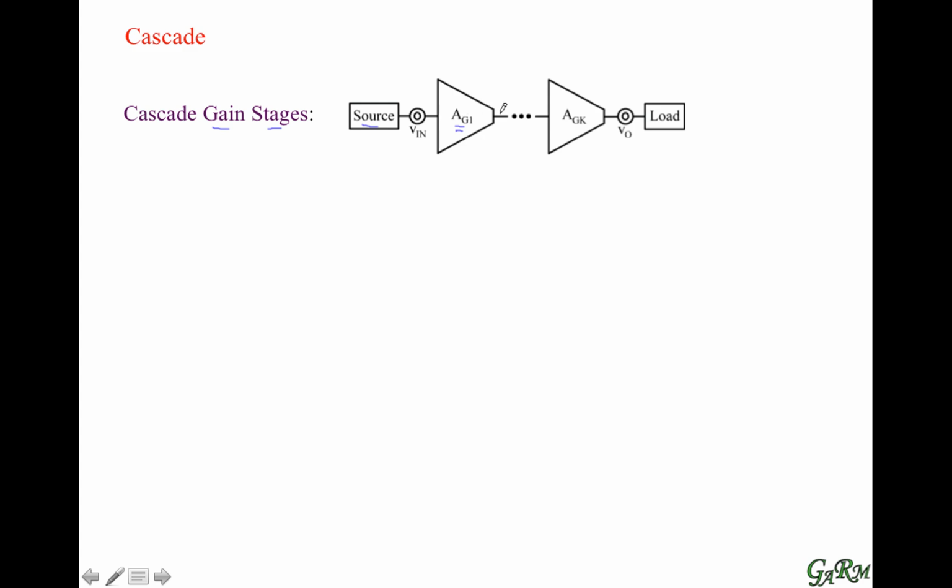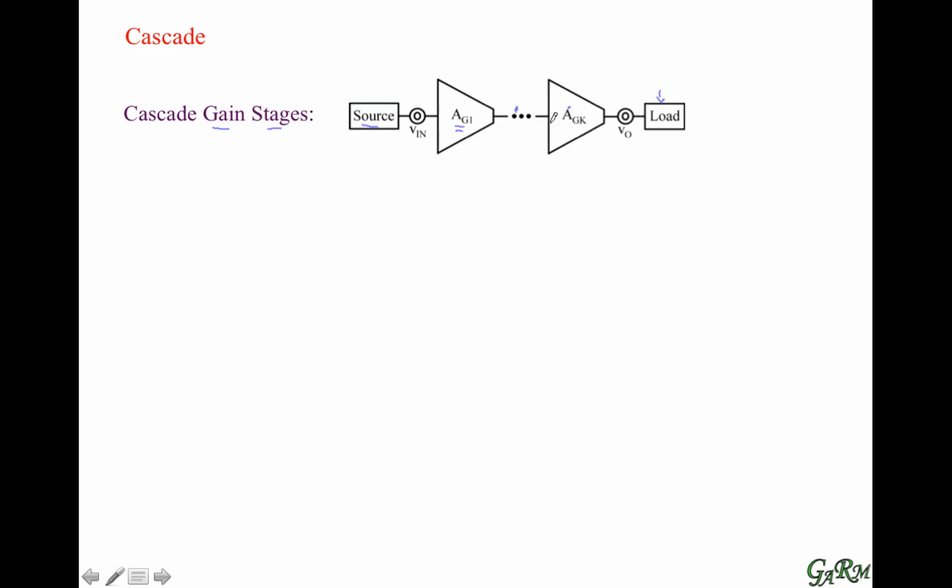Then that gain stage feeds another stage, and that other stage feeds yet another, until we finally drive a load. Each of these gain stages is basically a transistor primitive, a common emitter or a common gate or a follower.